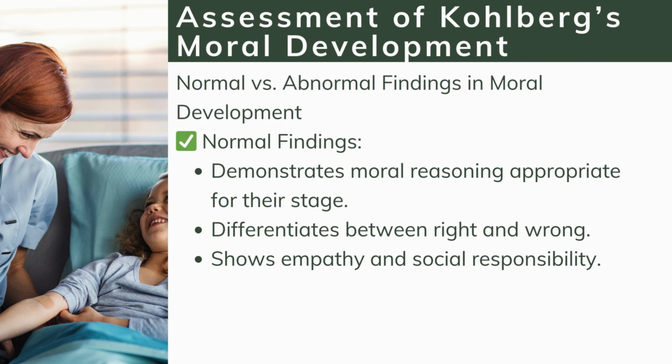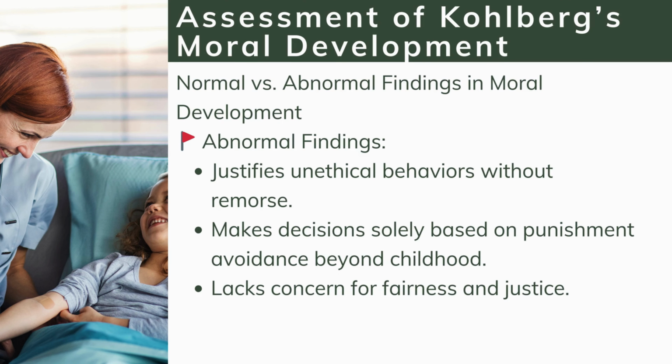Normal findings could include age-appropriate moral reasoning, empathy and social responsibility. Abnormal findings include justification of unethical behavior without remorse, making decisions solely based on punishment avoidance beyond childhood.